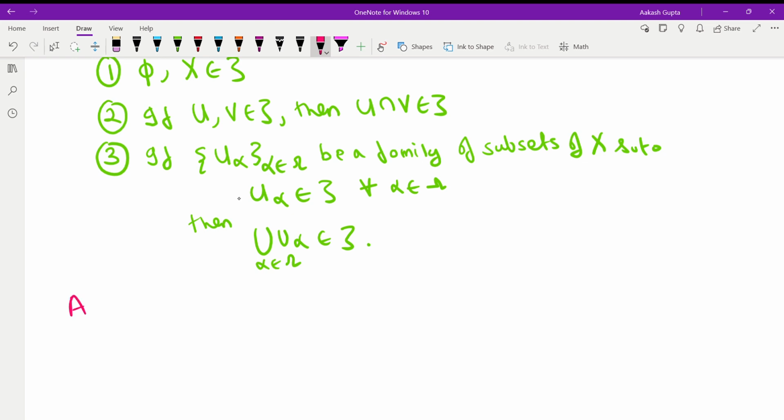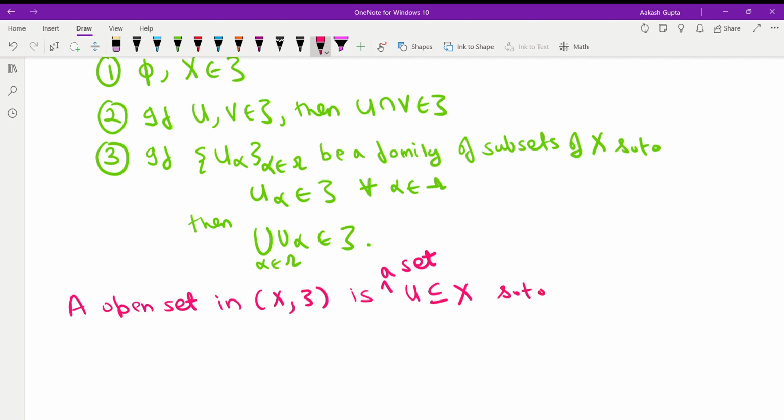An open set in (X, tau), whenever I am writing like this, it's a topological space, is a set U contained in X such that U should be in tau.